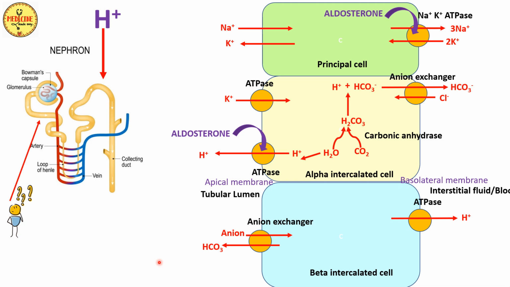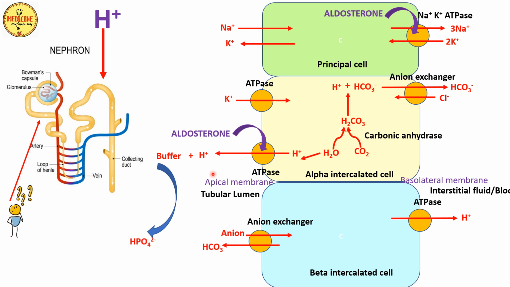Any mechanism which disrupts this would result in an acid-base disorder. Another quick question: what happens to this hydrogen ion which is secreted by the alpha intercalated cell? What happens is it reacts with a buffer. I hope you all know what a buffer is. In simpler words, it neutralizes these hydrogen ions.